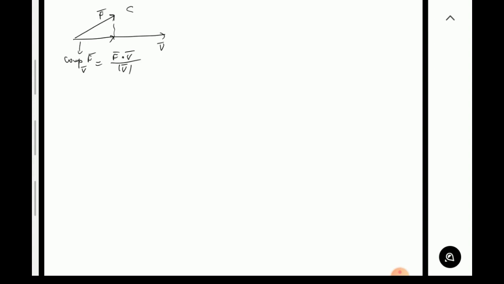So that's the scalar projection, because I also want to do the vector projection. So this is the magnitude of the projection vector. What if I want the actual projection as a vector?